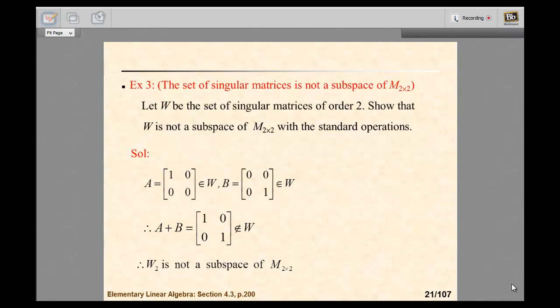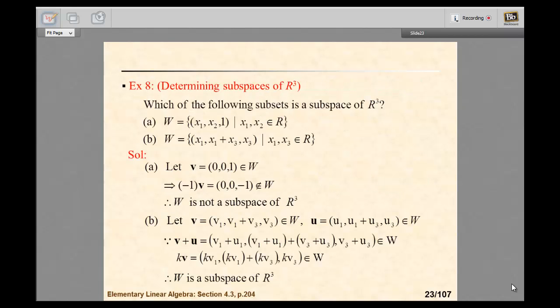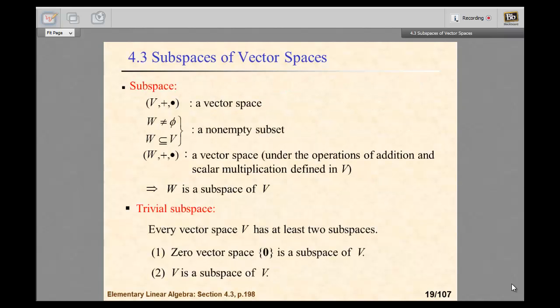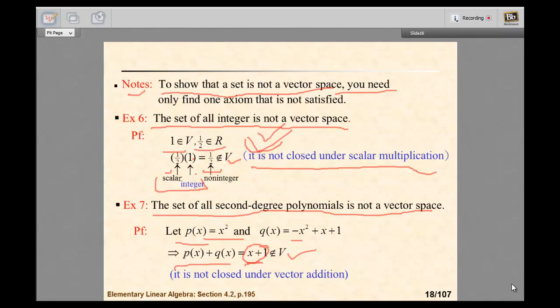So similarly, there is a subspace. So wait a minute. So wait a minute.